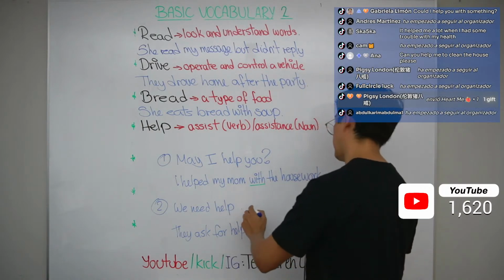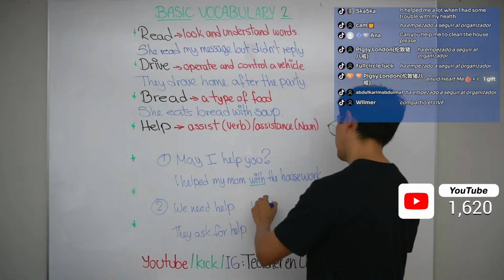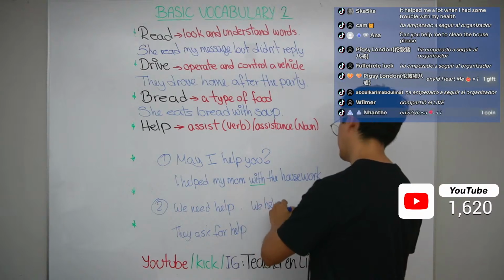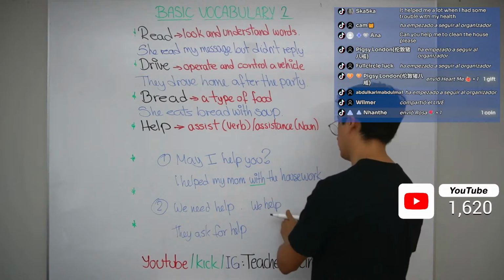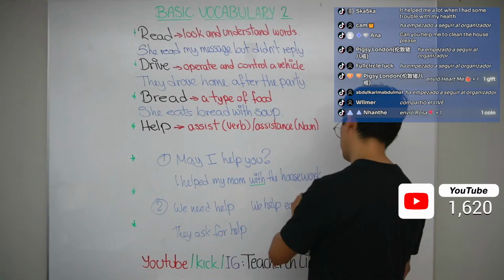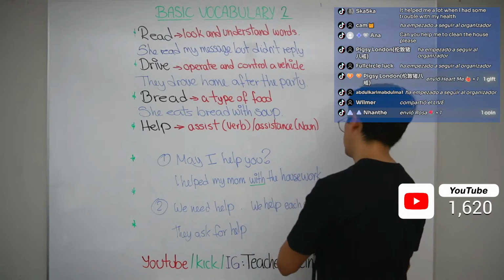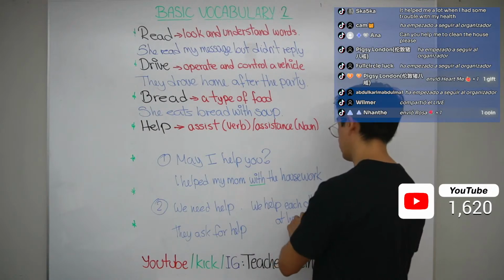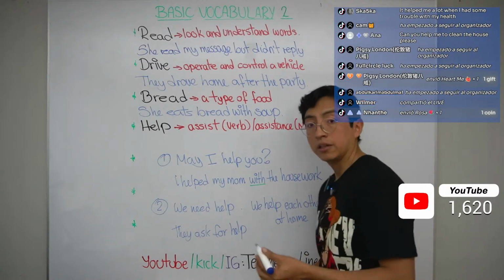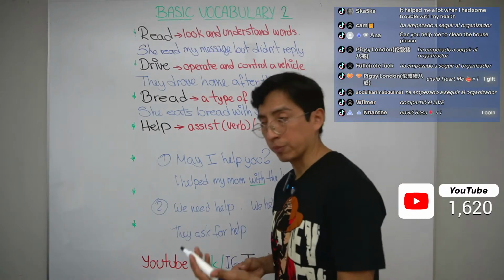Other possibility we have here is we help each other. Yes, we help each other at home. We help each other at home. So it means that you help me, I help you.